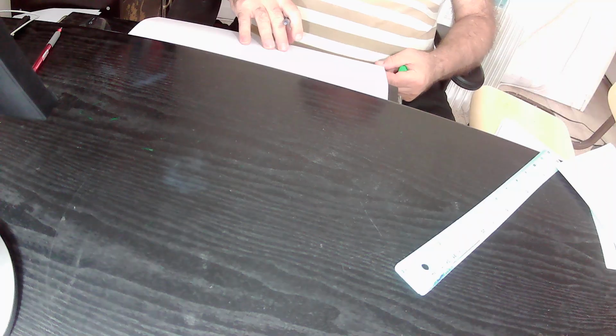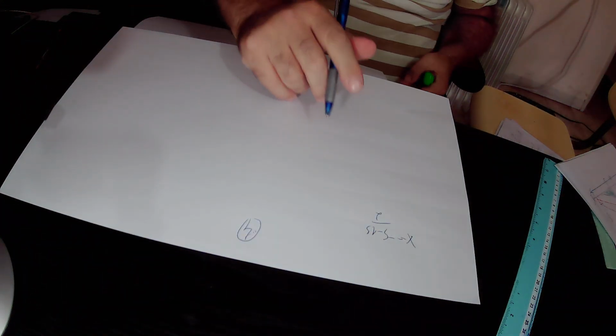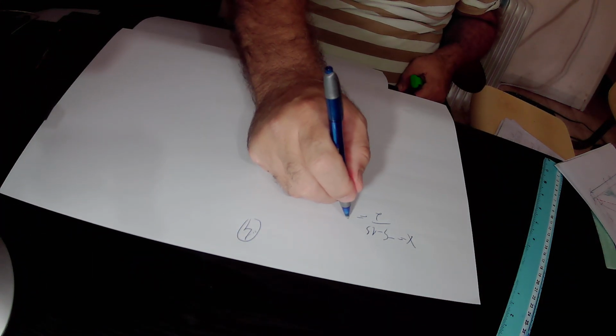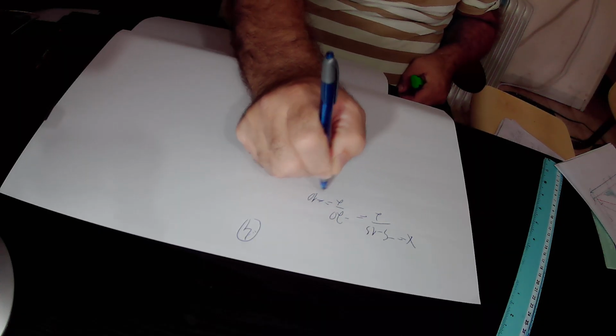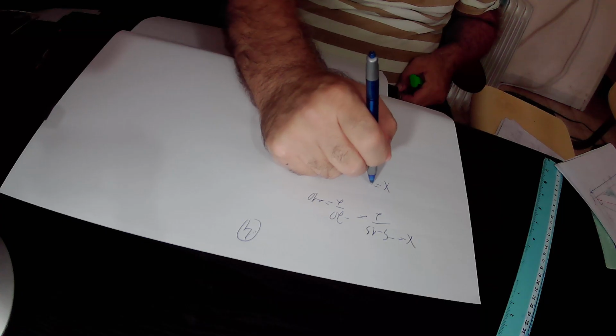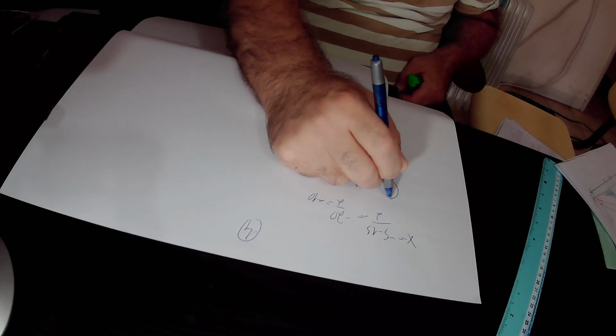Minus 5 minus 15 is minus 20, is minus 20 over 2 is minus 10. So the first solution for x is that x equals to minus 10 in its length.